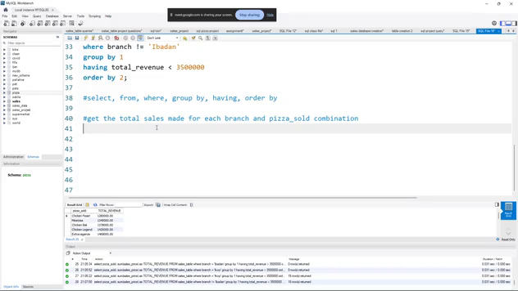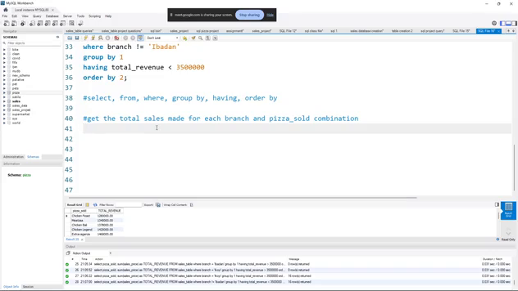They want to know whether it is Ibadan hot pepperoni that is giving us the highest, or Bagada hot pepperoni. They want to know the branch and pizza sold combination that is giving us more money, the revenue coming in for each combination.